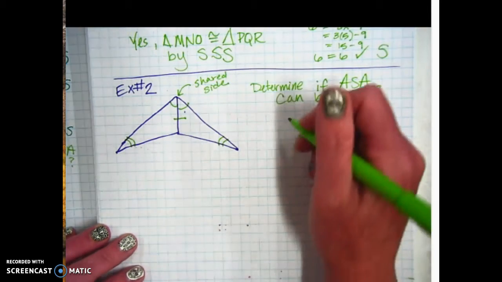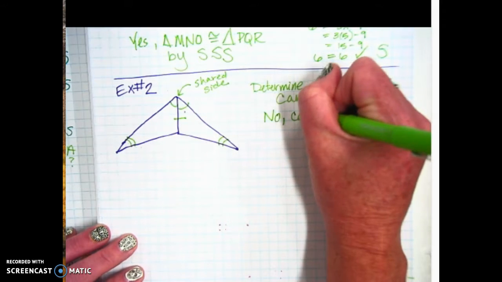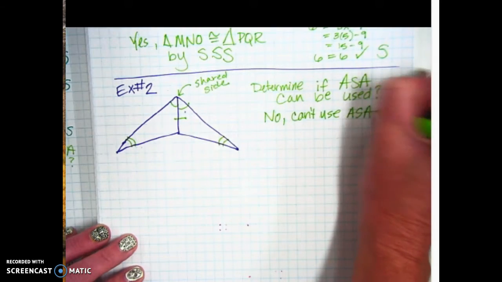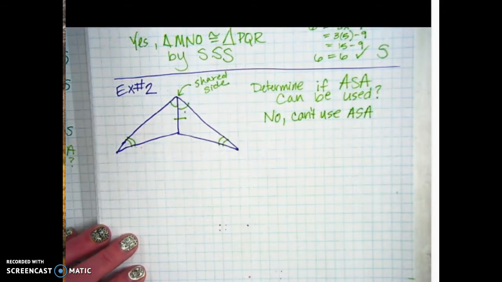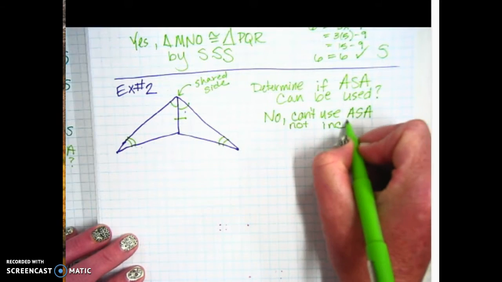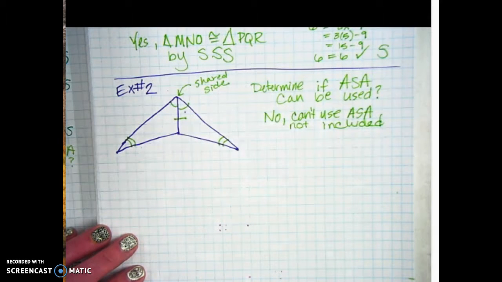No, it's not. Okay? No, you can't use angle side angle. Why not? It's not in between. What's the fancy word in geometry used for not in between? It's not included. So that side is not included. That side actually comes after.